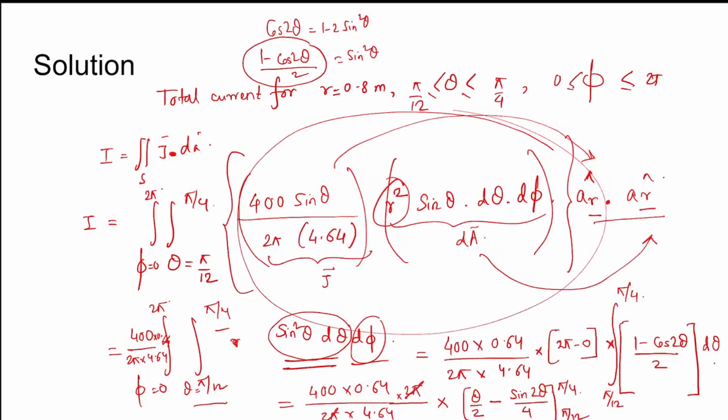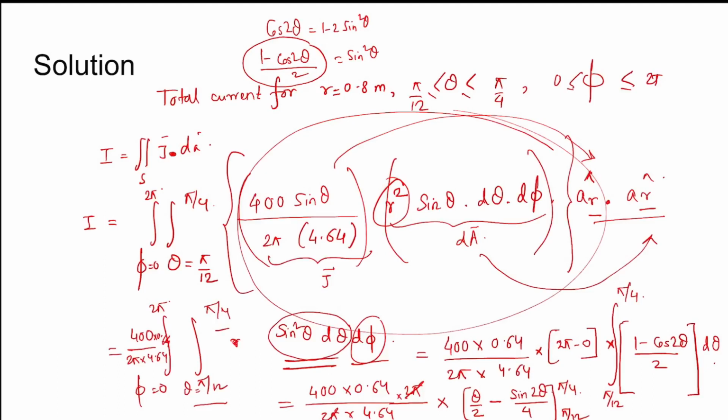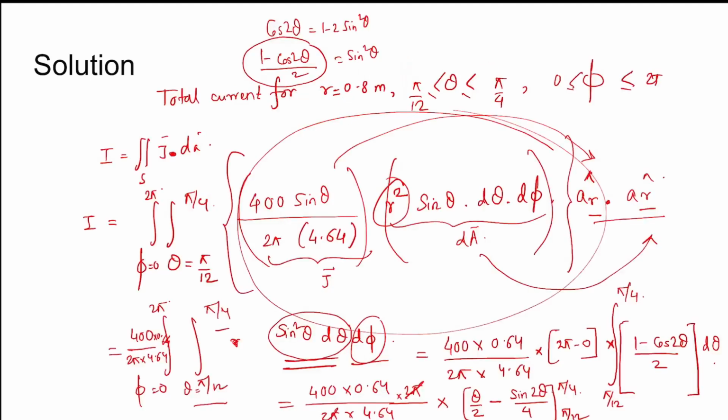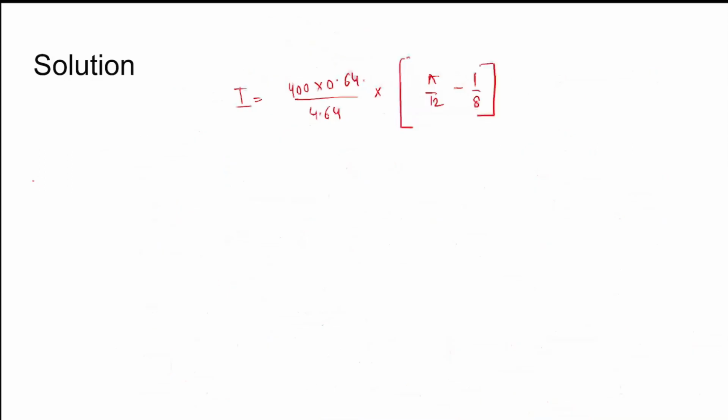The 2 pi is cancelling. This is coming out to be pi by 12 minus 1 by 8, because if you plug in the limits you will get this value, and so I is coming out to be, after solving this, 7.55 amperes.